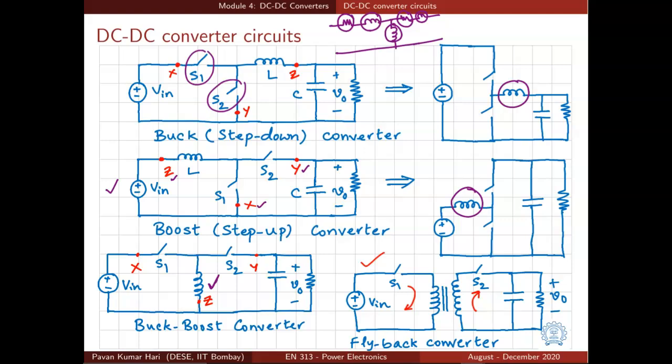And how do we know them? If we analyze the circuit and look at the currents and voltages across switches, the current flowing through the switch and the voltage appearing across the switch when it is off, we will know the current carrying capability requirement and voltage blocking capability requirement. Based on that, we can choose whether it can be MOSFET or an IGBT or a combination of them, or just a diode would be enough.